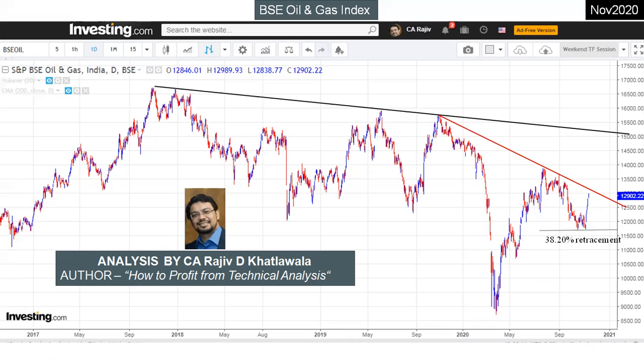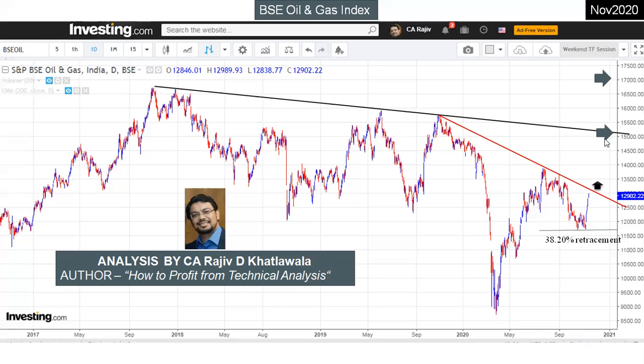And from there, in the last few days, it has jumped quite attractively, and right now we are at 12,900 levels. The trend line level which is giving it a minor resistance here is at 13,100, and once it is able to break this level of 13,100, then we will target two levels.